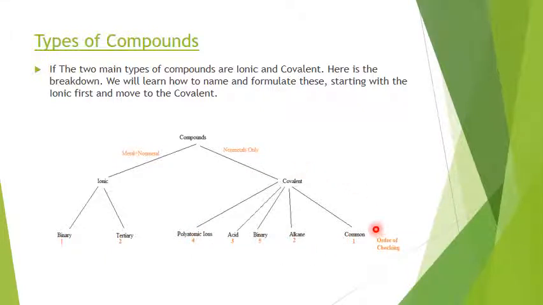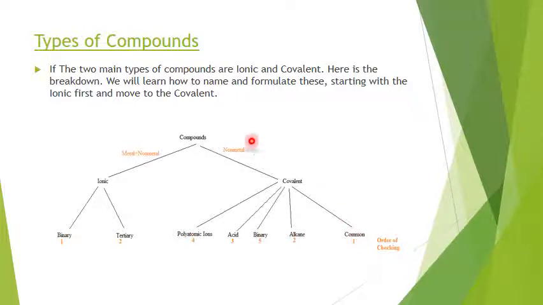Okay, the way that this is going to work is we're going to go over the covalent compounds first, then follow it with ionic. The reason I am doing it this way is covalent you have to memorize. Okay, so there's 5 different categories, and you'll see I call it 1, 2, 3, 4, 5, and I'll explain why I have these numbers underneath later on.